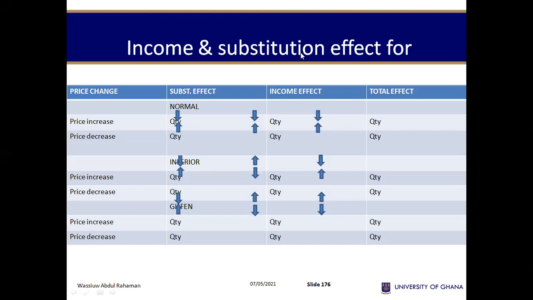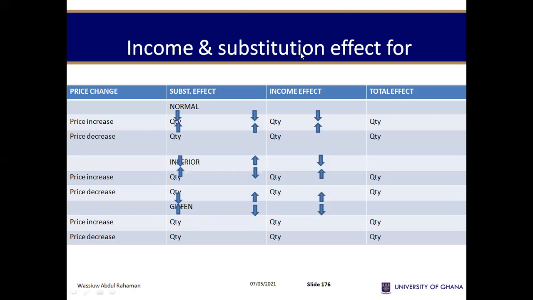All right, so today we would continue with our discussions on consumer behavior. Basically, I am going to look at how we can decompose the total effect of a price change into substitution and income effect.